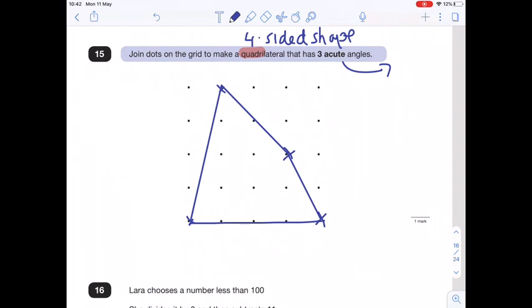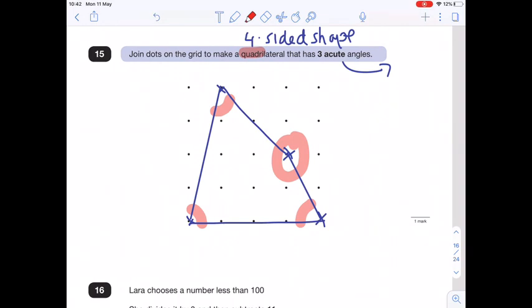Because that one's not acute. Oh, it's got to have 3 acute angles. So it needed 3 acute angles, and you've got 1, that one's acute, that one's acute, and that one's acute. This one here is obtuse, but the other 3 are acute.